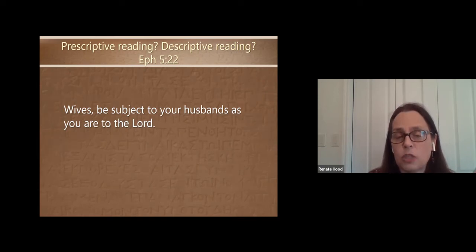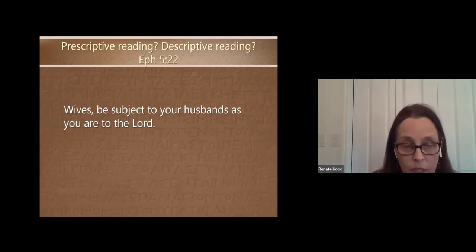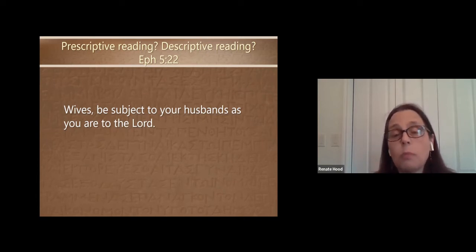Okay, if you read this prescriptively, you'll have to figure out in the context what it meant. And in the context, that really meant that husbands had authority over their wives. They could beat them, no problem. They could tell them to stay put, no problem.